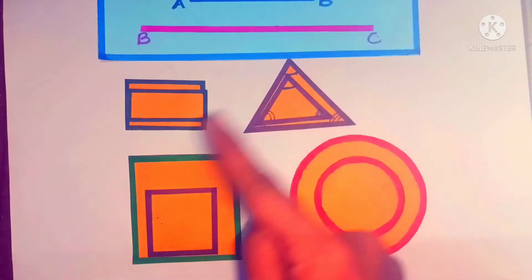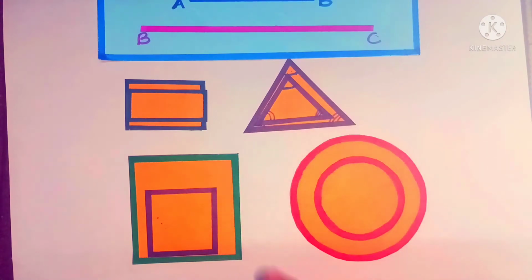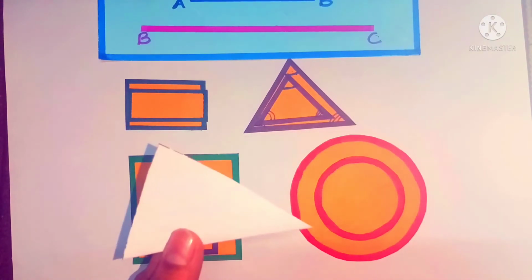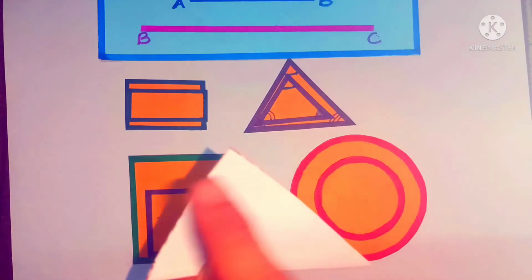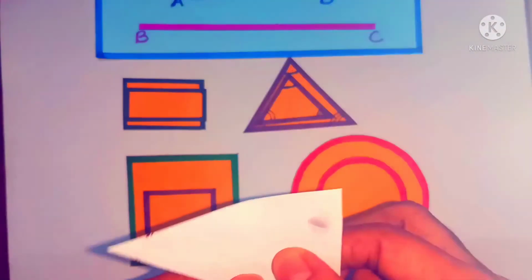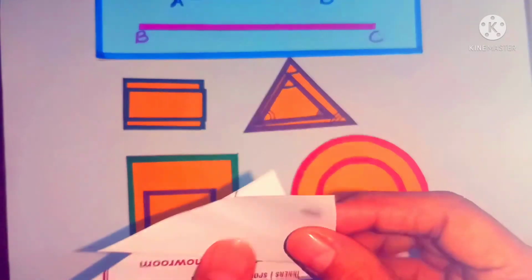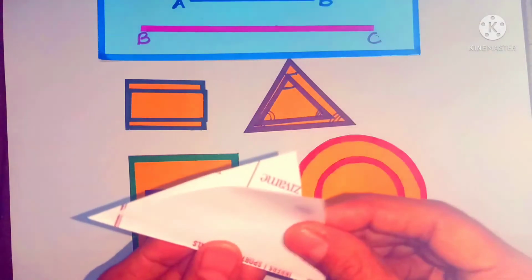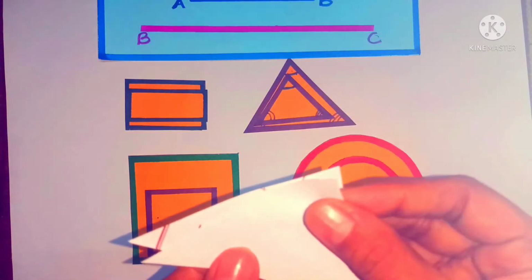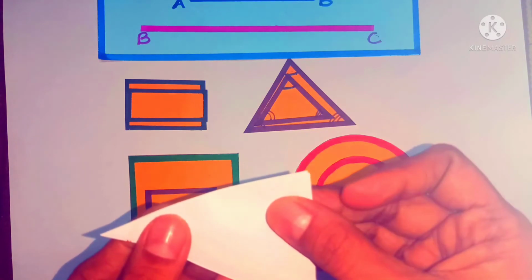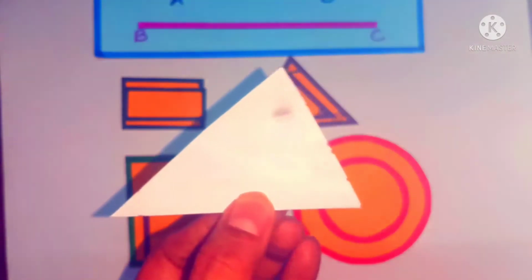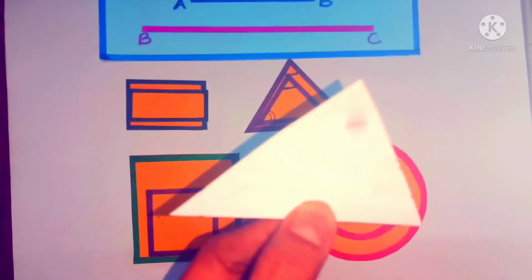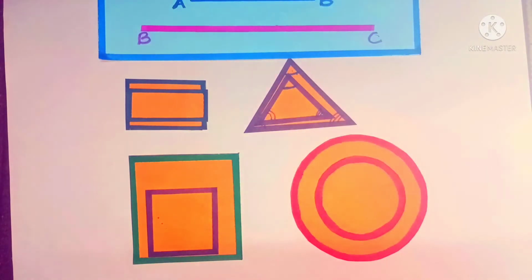We call these similar figures, and this one congruent, because all the angles and all the sides of one triangle are equal to the angles and sides of the other triangle. When I keep one over the other, these two triangles overlap because they are the same in both size and shape. So these are called congruent.